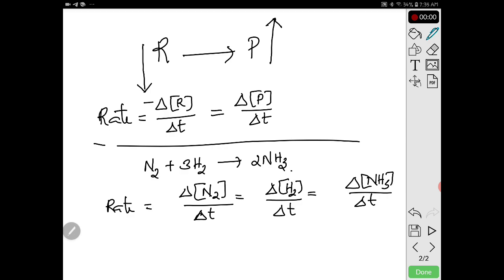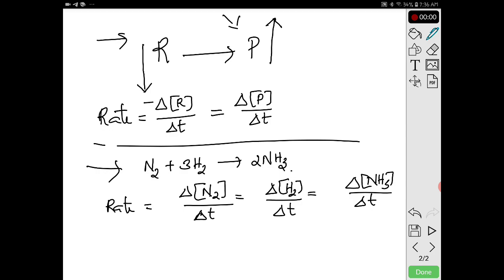Can you equate these terms which I have written in terms of reactants and product? You cannot. The reason is that the stoichiometry of this reaction and the stoichiometry of the earlier reaction are different. In the first, 1 mole of reactant gives 1 mole of product. Whereas in the second reaction, when 1 mole of nitrogen is consumed, 3 moles of hydrogen are consumed, and 2 moles of ammonia are produced as a reward.